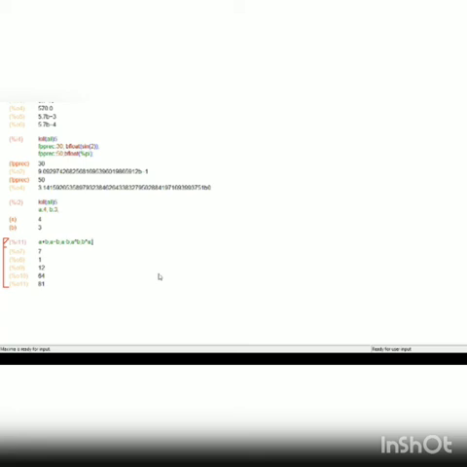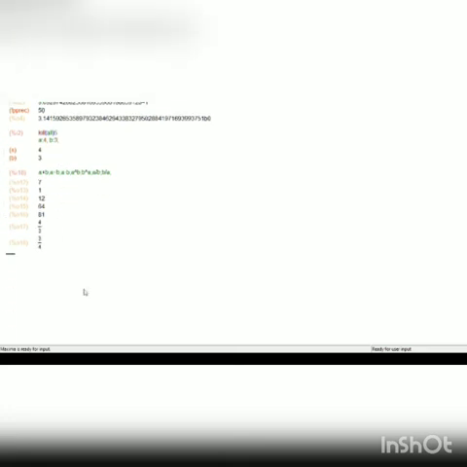And let's find out A divided by B, and also B divided by A. A divided by B, 4 by 3. B divided by A, 3 by 4. So this is how you can use temporary variables to calculate or to solve the expressions.